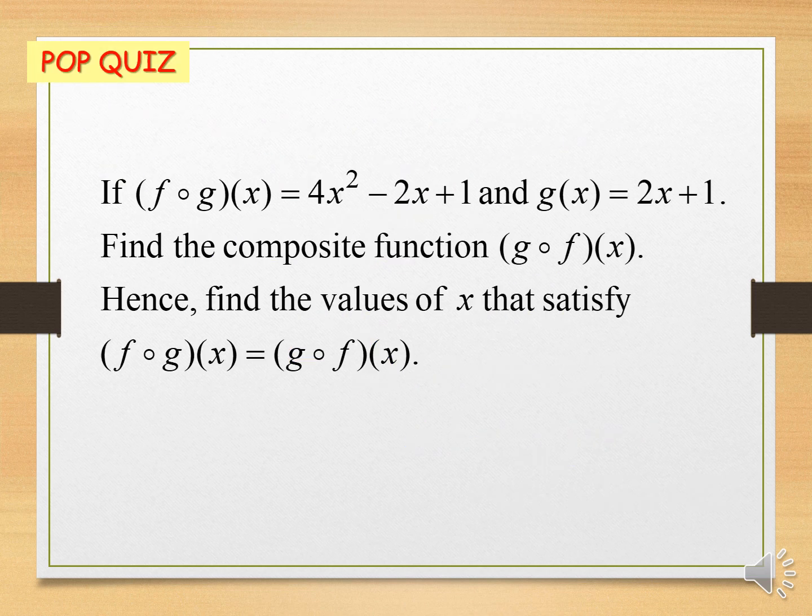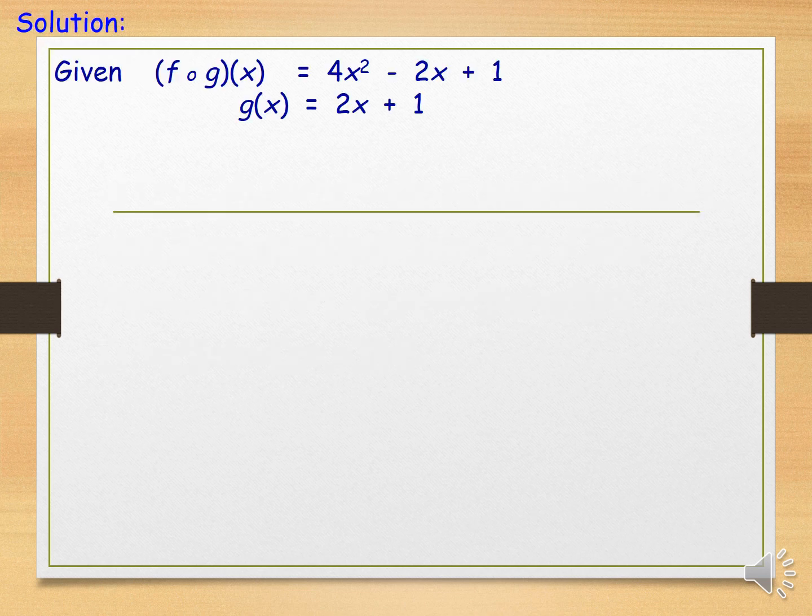Pop quiz. Can you answer this question? If f composite g(x) equals 4x squared minus 2x plus 1 and g(x) equals 2x plus 1, find the composite function g composite f(x). Hence, find the values of x that satisfy f composite g(x) equals g composite f(x). Solution.